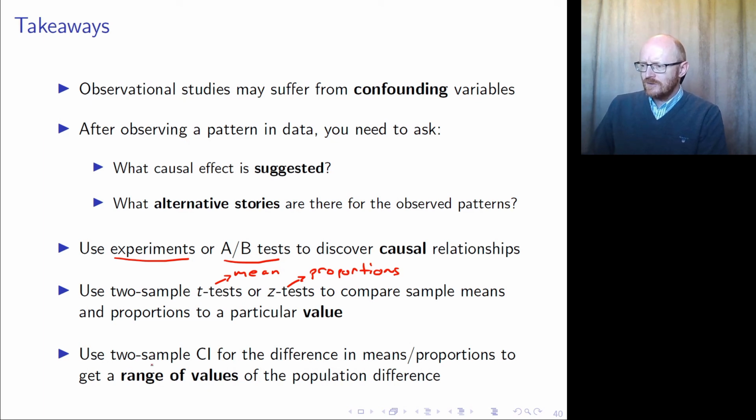You can also use a two sample confidence interval for the difference in means or proportions to get a range of values, because then you can say something about the probability that the true difference is within a certain confidence interval. See you next time.